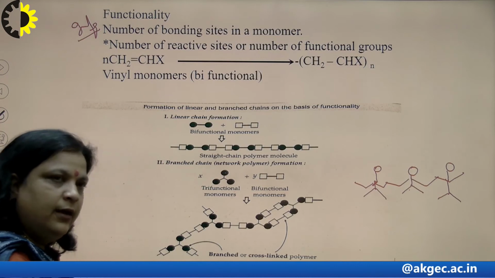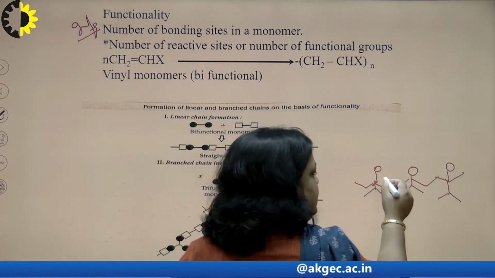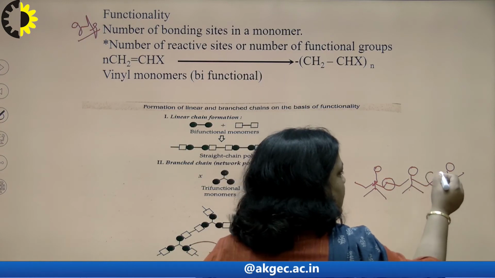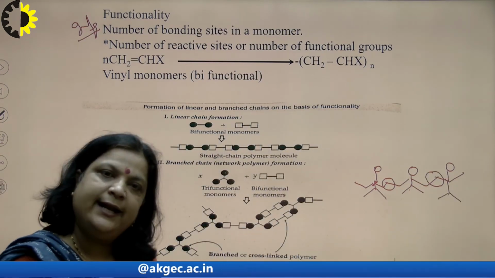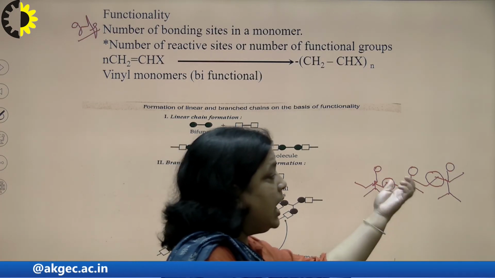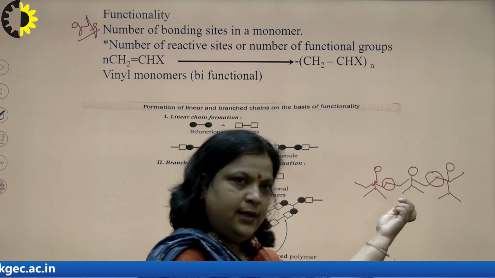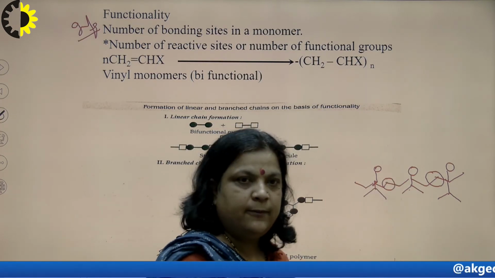He will be able to make the chain when he puts his hands in both directions, that is in the left direction as well as the right direction. That is, to make a chain, a person should have at least two hands, in both directions.